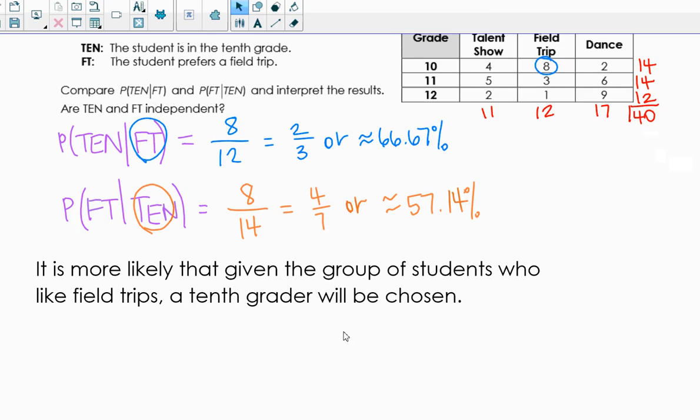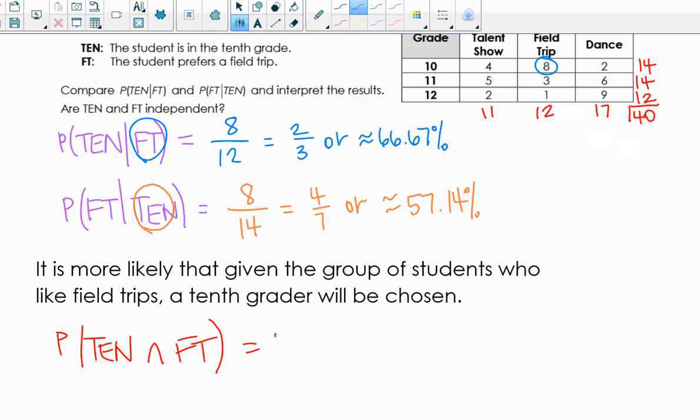Okay. Now, the other part of this question is, are they independent? Okay. Do their probabilities affect one another? So if you look, the probability of 10th grade and a field trip is the probability of 10th grade times the probability of a field trip.